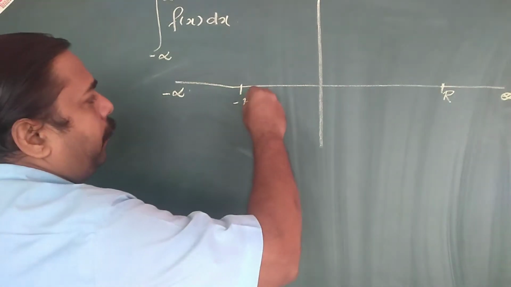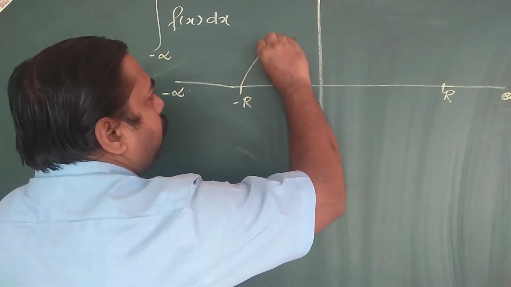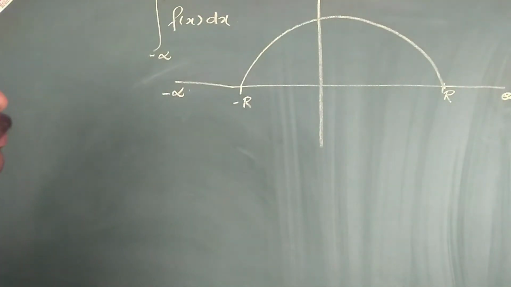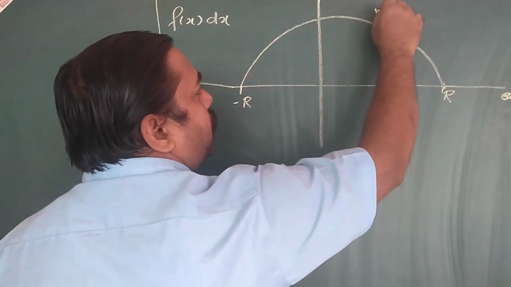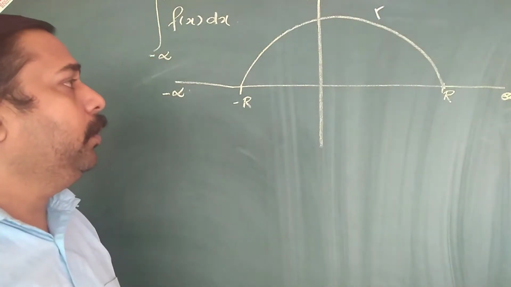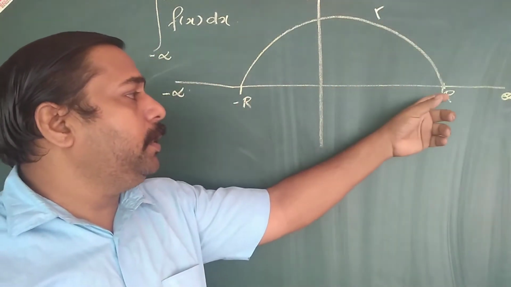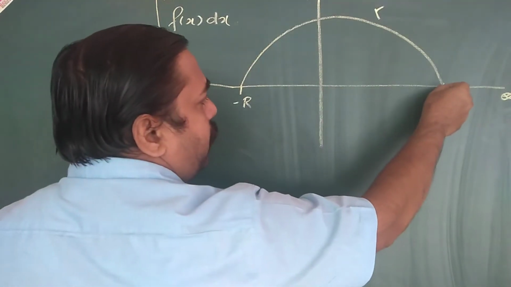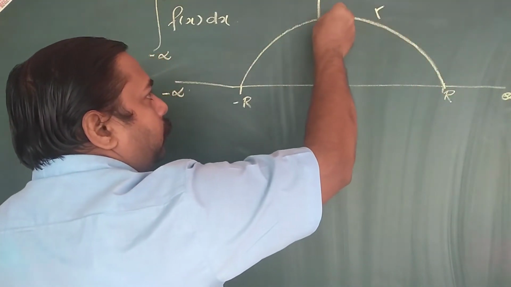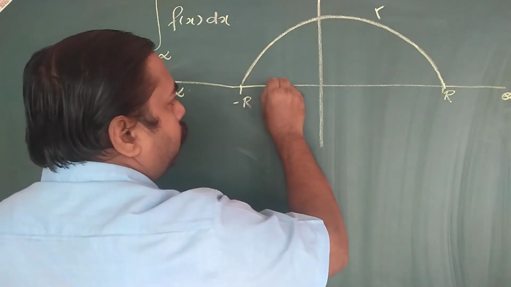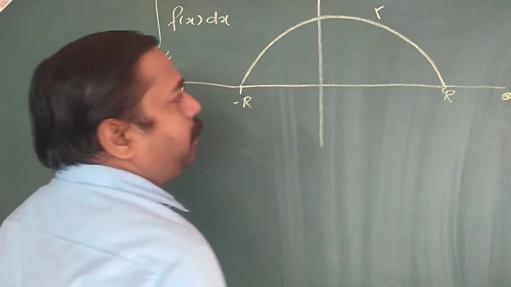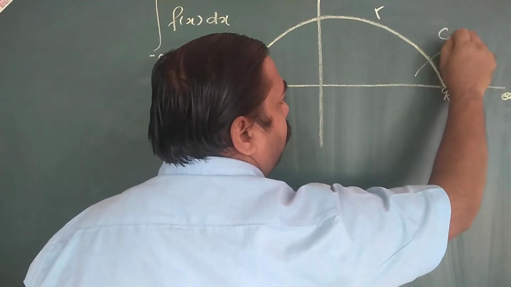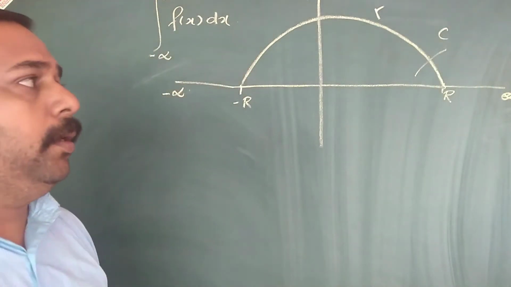So we can add one curve, that is, one extra curve added to this real line. Now this becomes what? From this to this. So this is our closed curve C.